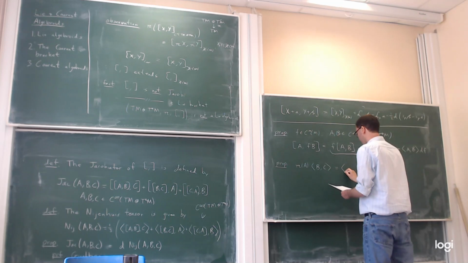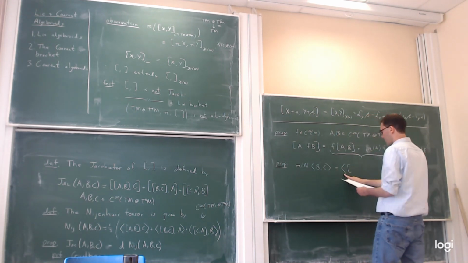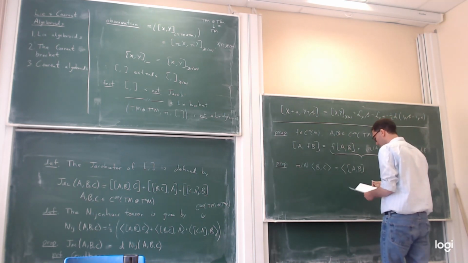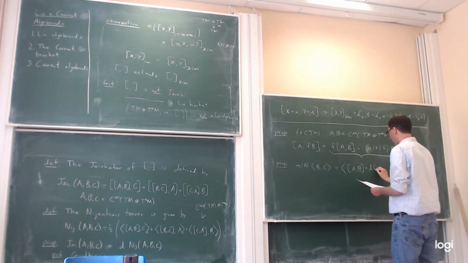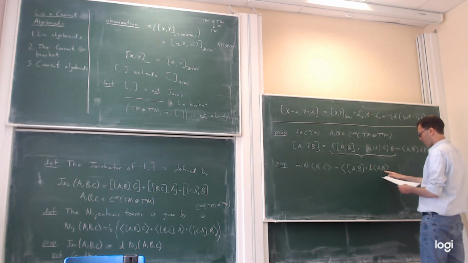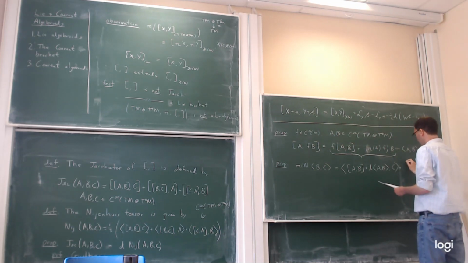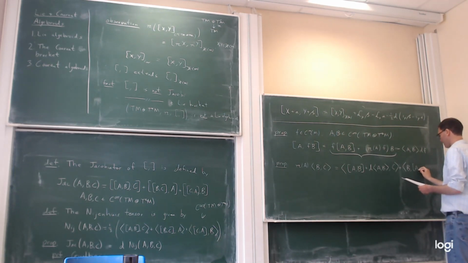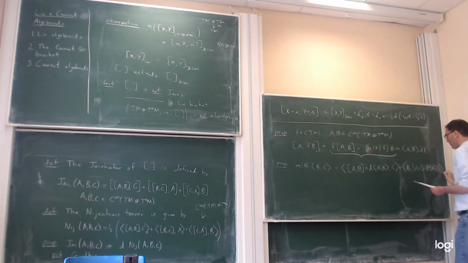So this is equal to this expression: the canonical symmetric bilinear form applied to the Courant bracket of A and B, plus the exterior derivative of the canonical symmetric form applied to A and B, and then C, plus B, I'm just going to write it out, AC plus d AC. If you're like me, this looks very technical.